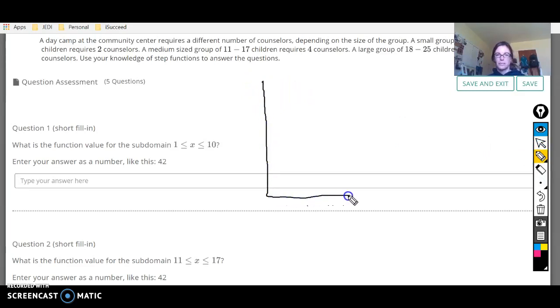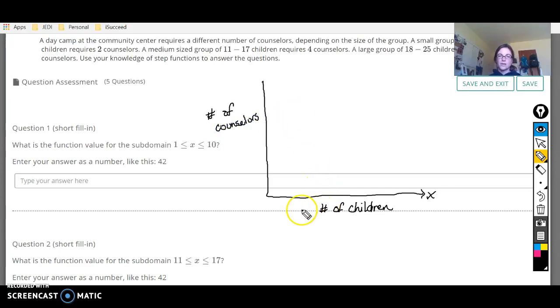Our x value is the number of children, and our y value is the number of counselors.